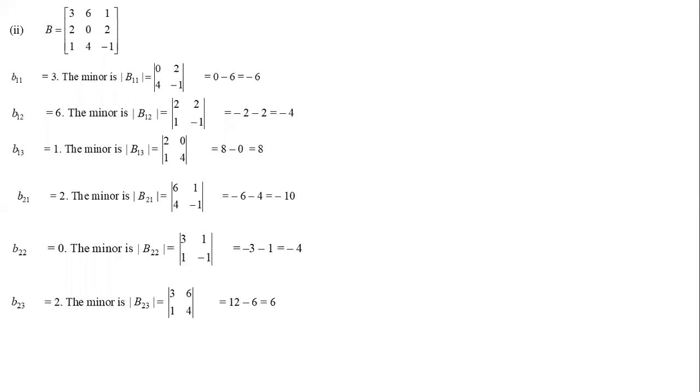Now, what about B32? The minor of 4. Just the same way. The matrix that it will give you is 3, 2, 1, 2. And what is that? 6 minus 2, which is 4.